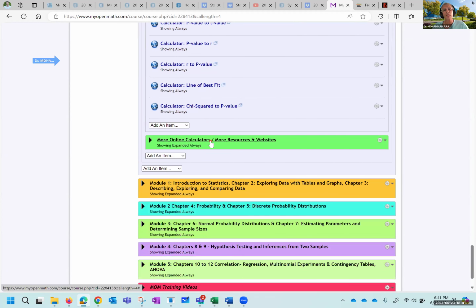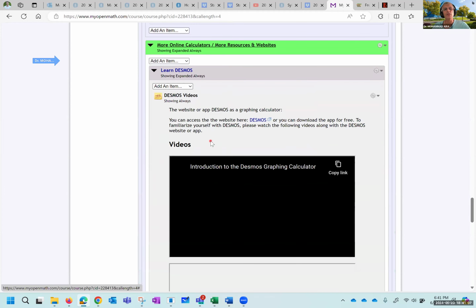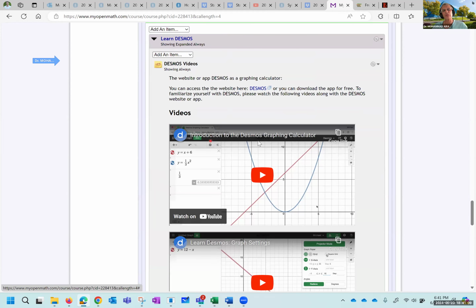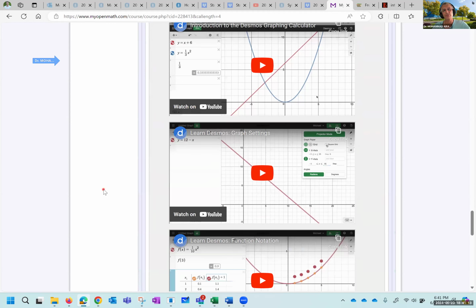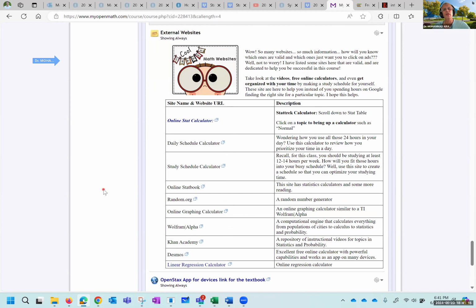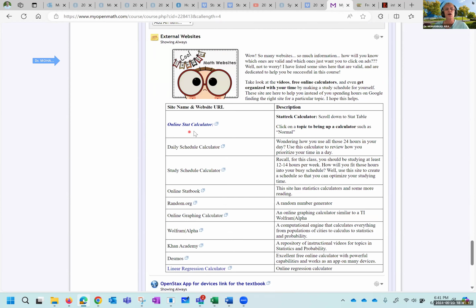What else? Many, many more calculators. First of all, one of them, Desmos, I have a video that explains how to use that calculator. Secondly, as you go down, we have again online stat calculator, daily schedule calculator, study schedule calculator, online stat book, and so on and so forth.